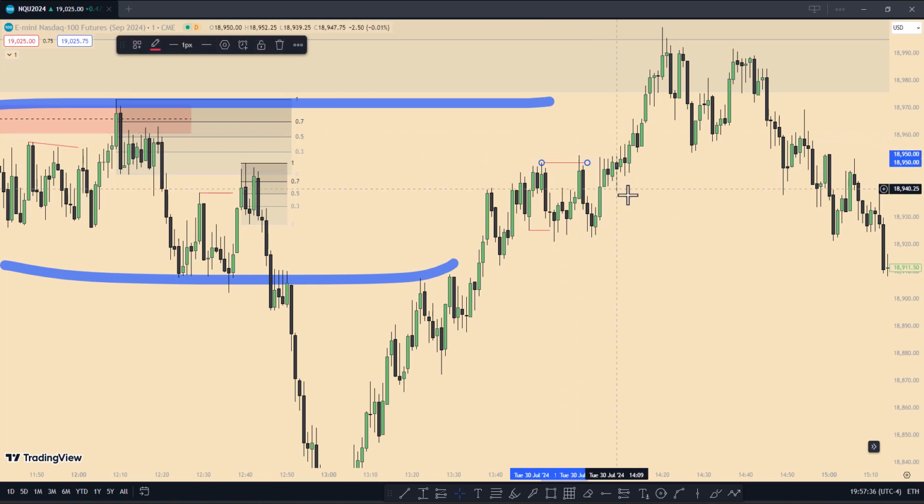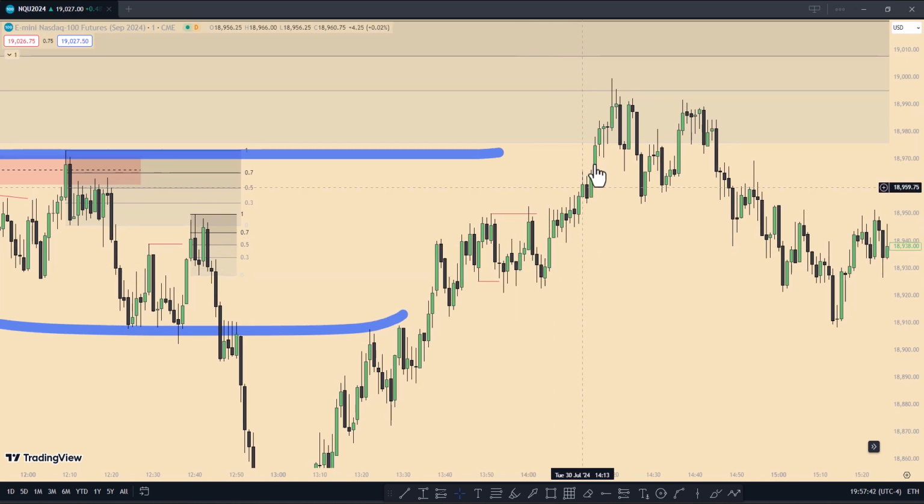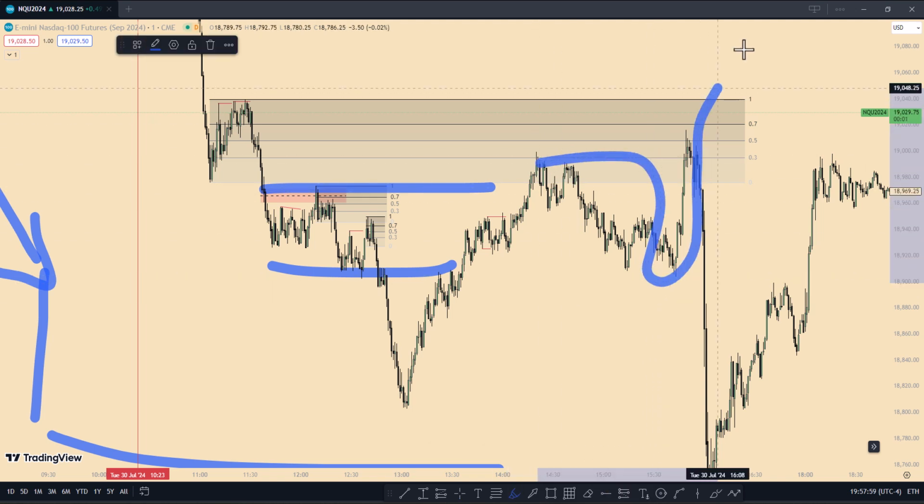It eventually worked, but still, for me, this is gambling. Price started changing to the upside, and if we zoom in a little, just because we broke above this high right here doesn't mean that this is the market structure shift and we're going to trade to the upside. No, don't assume this.